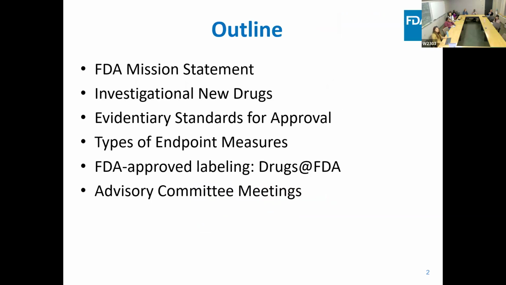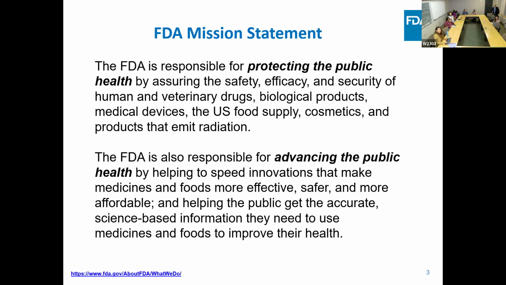Okay, so we'll start out with what the mission of the FDA is, investigational new drugs and how we're involved there, evidentiary standards for approval, type of endpoint measures, which Dr. Jones was just talking about, they can be arbitrary or non-arbitrary, and then how to look up public information related to the FDA, including labels and advisory committee meetings.